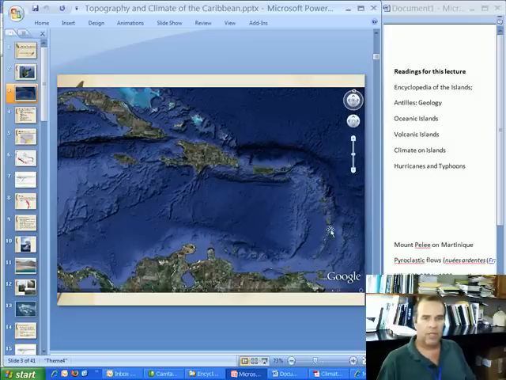Now, the reason why we're considering the Lesser Antilles by themselves is mainly because they all have a very common geological origin, and they also have a similar climate and so on.